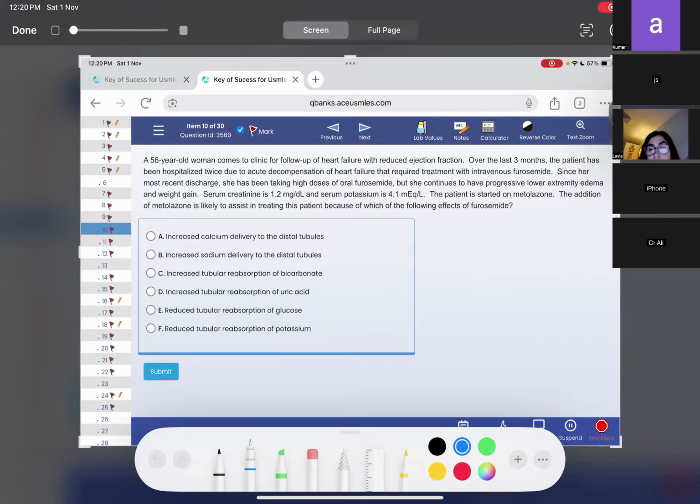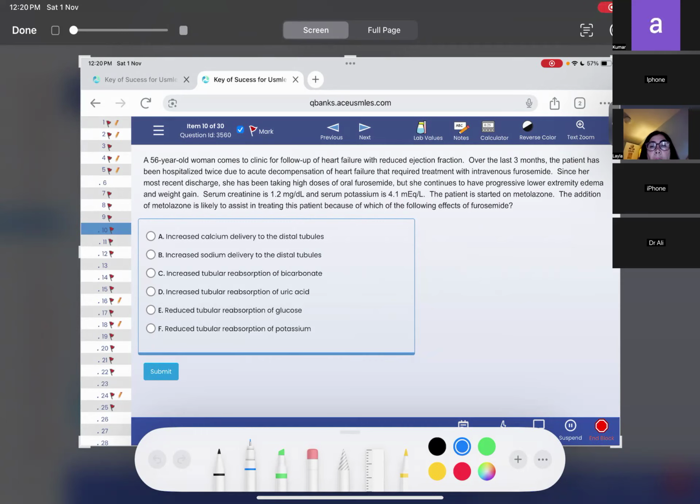The addition of metolazone is likely to assist in treating this patient because of which of the following effects of furosemide? A 56-year-old woman comes to the clinic for follow-up of heart failure with reduced ejection fraction. Over the last 3 months, the patient has been hospitalized twice due to acute decompensation of heart failure that required treatment with intravenous furosemide.